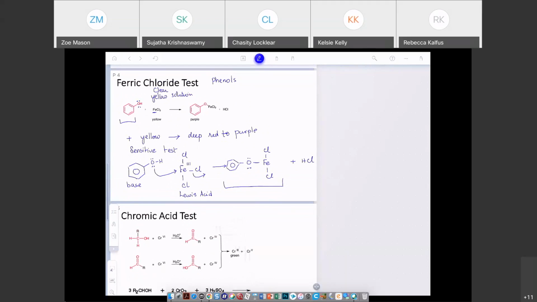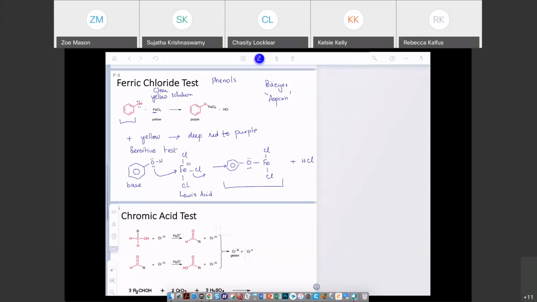It is a test used by Bayer, the German company, for making aspirin. When we make aspirin in the lab, we want to make sure it's not contaminated with any phenolic compound, because these are acidic. That's one of the reasons you cannot use aspirin beyond the shelf life, because some of the aspirin degrades into salicylic acid, which contains the phenol, and that's what causes severe stomach burns.